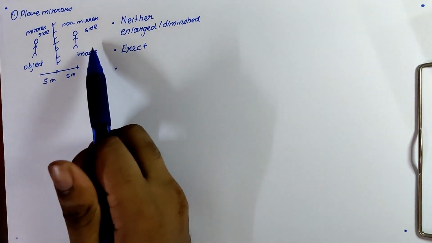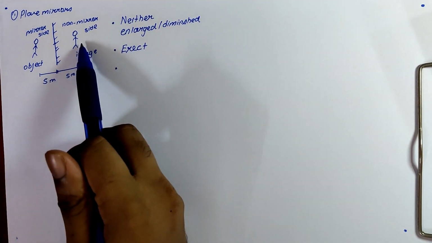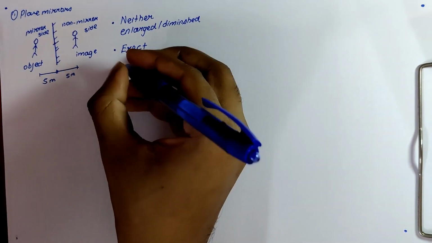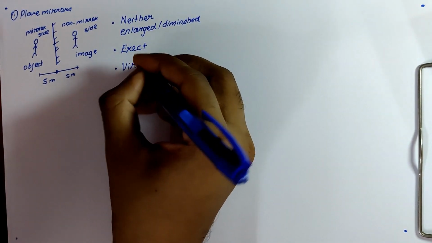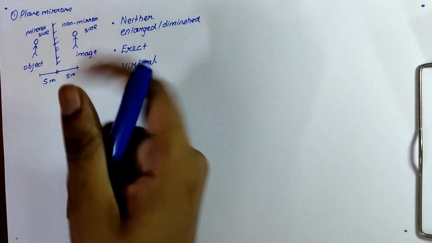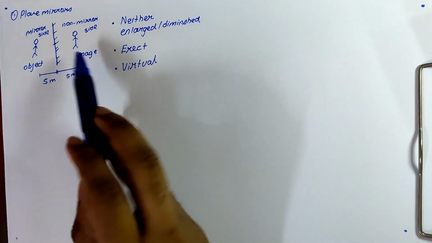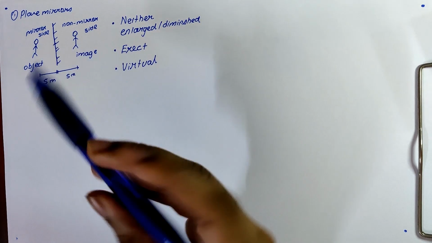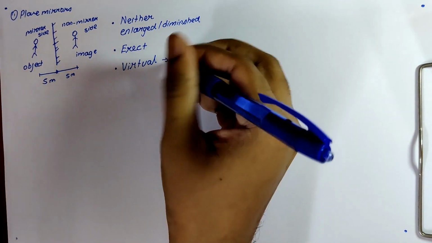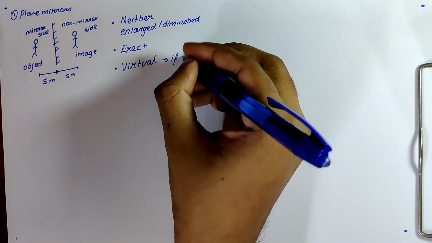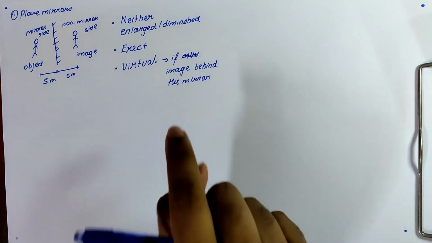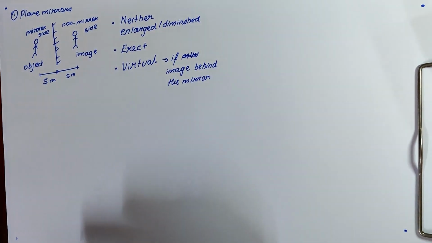It's behind the screen, it's behind the mirror, which means this is a virtual image. Just like the example of the television, if the image is behind the mirror, then it's virtual.